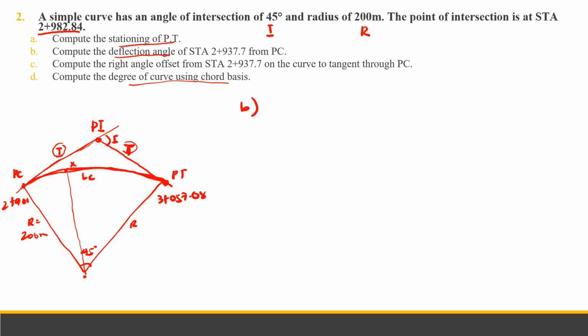So if this is point X, this is the offset distance X, and the deflection angle.